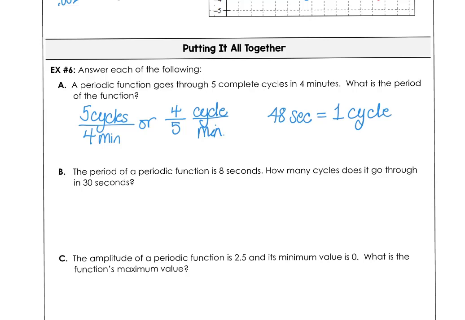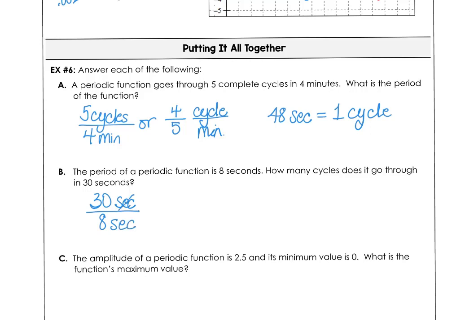minutes into seconds. In part B, the period of a periodic function is 8 seconds. How many cycles does it go through in 30 seconds? So you may need a calculator here. We got 30 seconds that it's running, but it takes 8 seconds for 1 cycle.